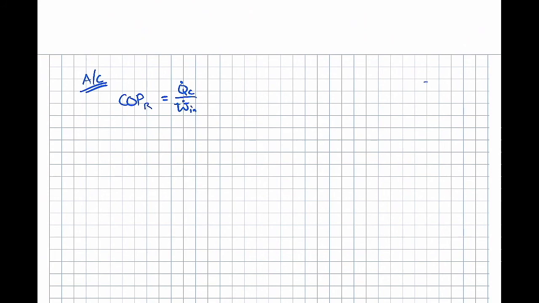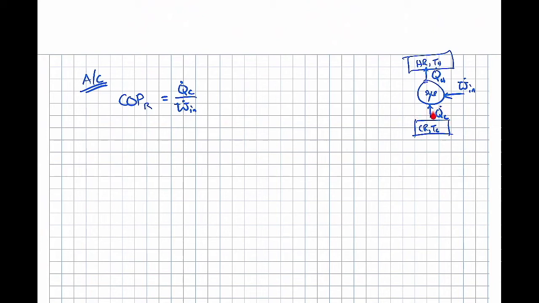Let me just redraw the picture here. Here's our hot reservoir, temperature TH. Here's our cold reservoir, temperature TC. So for an air conditioning or refrigeration cycle, our goal is to cool down the cold reservoir.